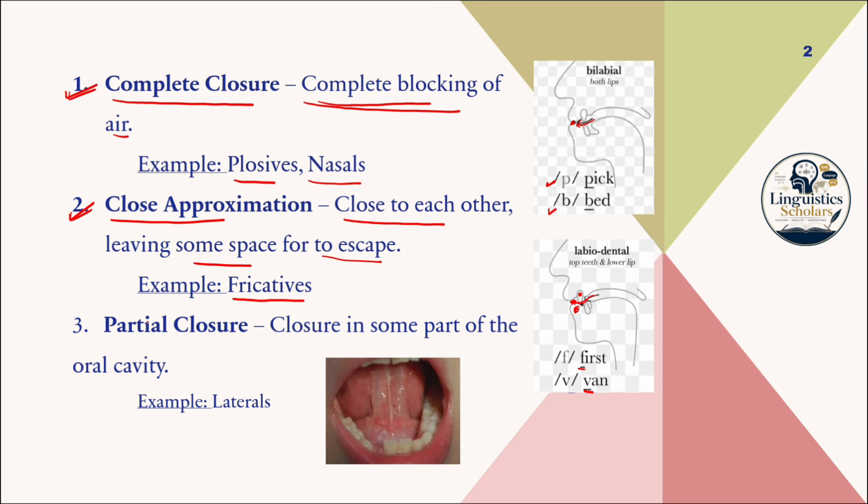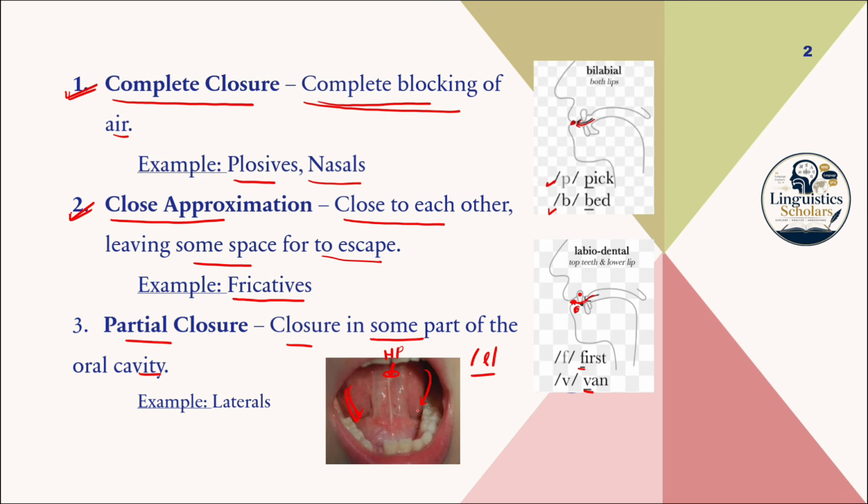And the next we have partial closure, which means closure in some part of the oral cavity. Let's say you are producing a lateral sound: the tip and the blade of the tongue get in contact with the hard palate. As a result, the air escapes from the sides of the mouth.